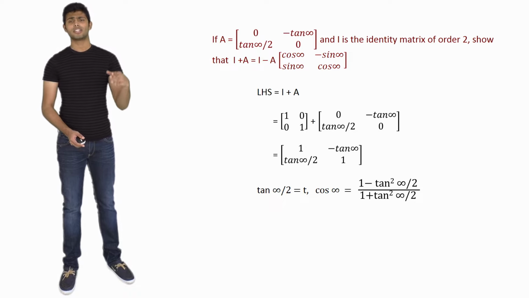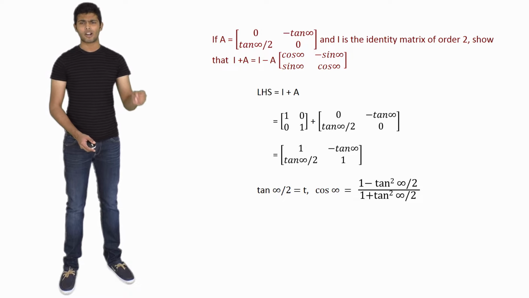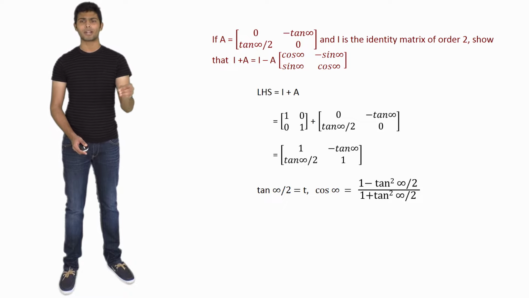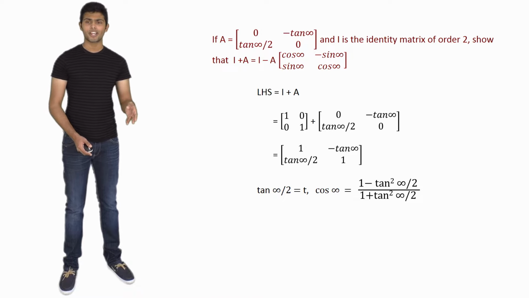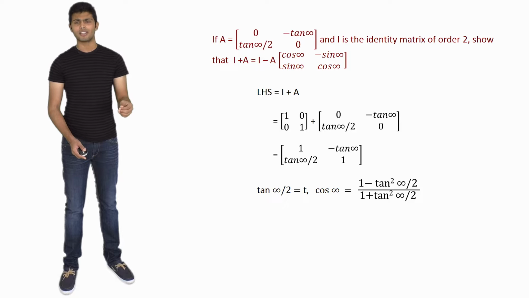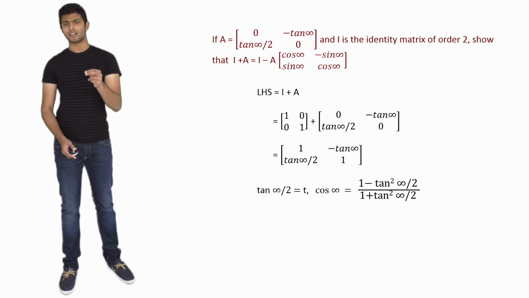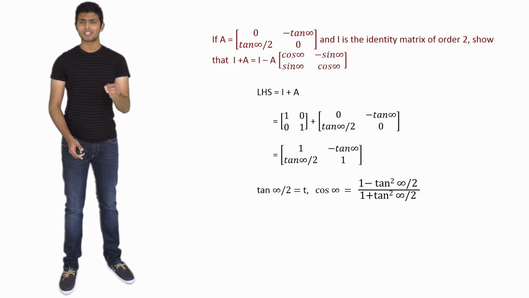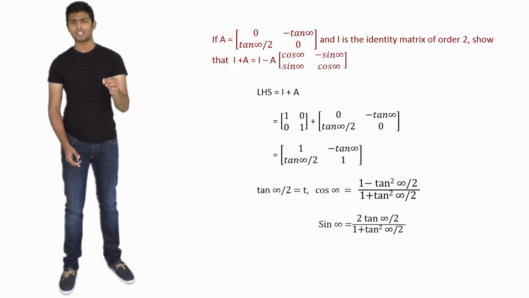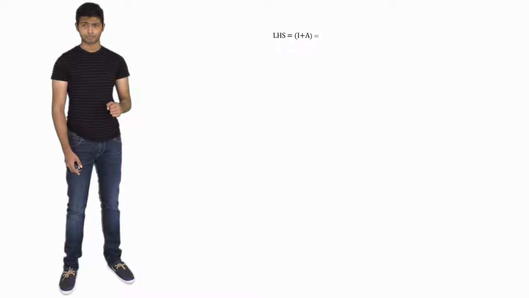What's going to happen here is we're going to take tan θ/2 as t. So let's take cos θ. For cos θ, the half angle formula is equal to 1 minus tan square θ/2 divided by 1 plus tan square θ/2. Same way for sin θ, we're going to have 2 tan θ/2 divided by 1 plus tan square θ/2.